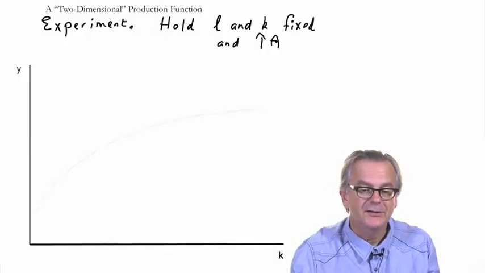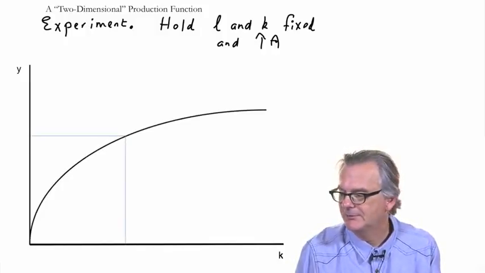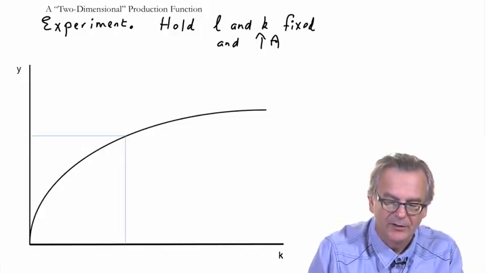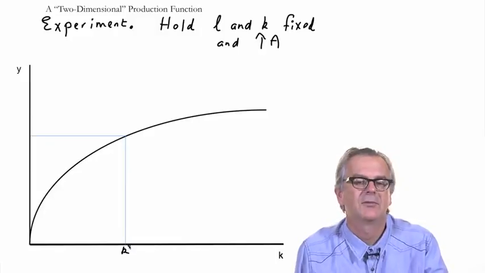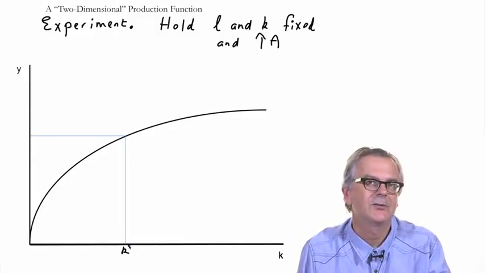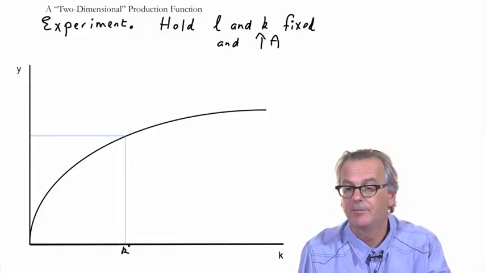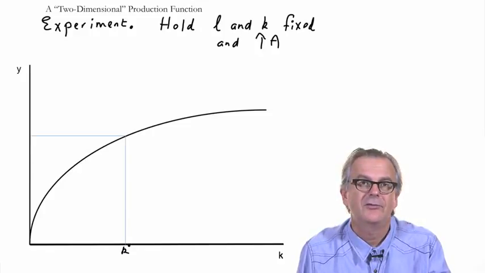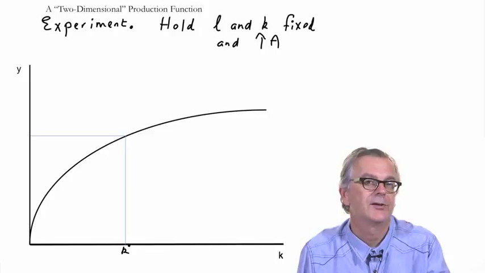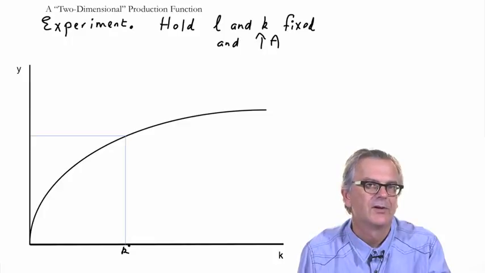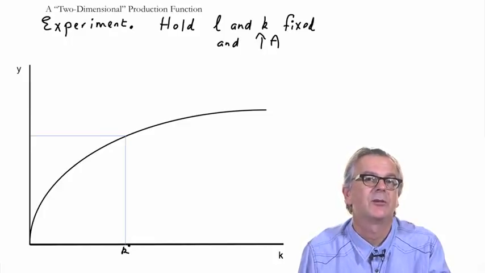In two dimensions, it's actually a similar sort of concept. So we're going to hold capital fixed at some level, and behind the scenes we're not changing labour either. If we increase total factor productivity, holding capital and labour unchanged, well, that increase in total factor productivity itself should be sufficient to generate us some extra output.